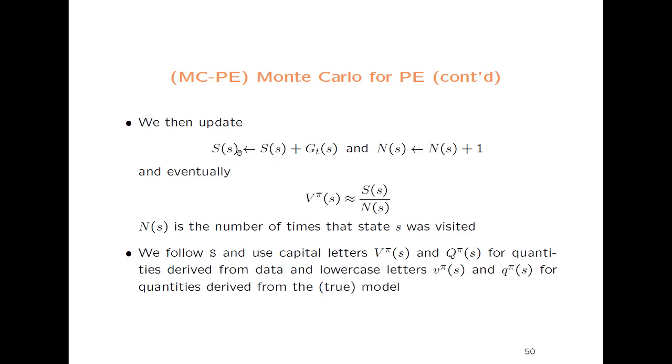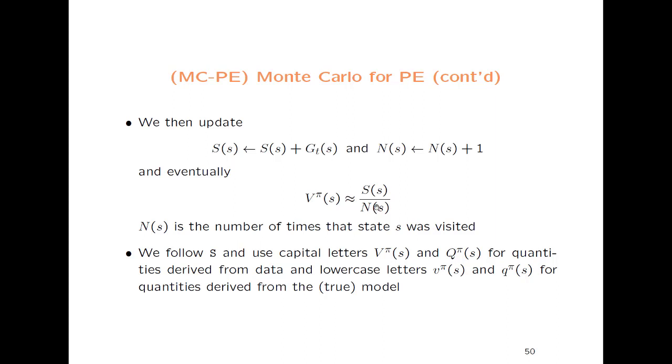And then each time we are in state S, we also update this N(S) and increment it by 1. And eventually, after we did enough simulation, the V pi, so the value function for this policy of state S, is S(S), so the sum of all these returns divided by the number of times we observed state S.